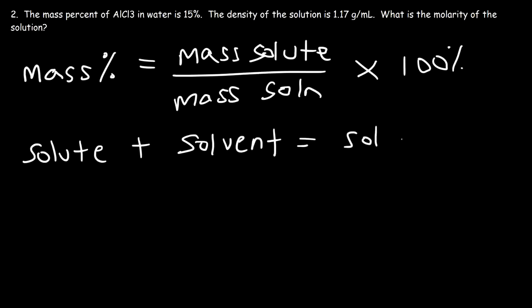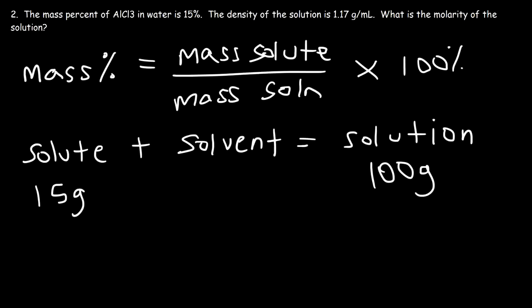The solute in this case is aluminum chloride, AlCl3. Water is a solvent. Water dissolves AlCl3. So if we have a 15% mass percent, then that means that there's 15 grams of solute per 100 grams of solution, because 15 over 100 times 100 is a 15%. 100 minus 15 is 85. So that means that we have 85 grams of water.